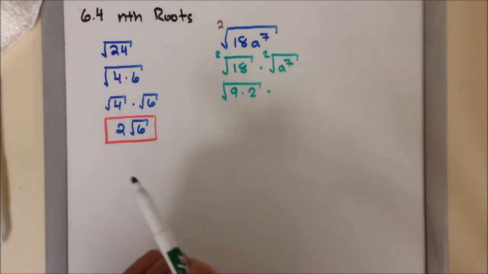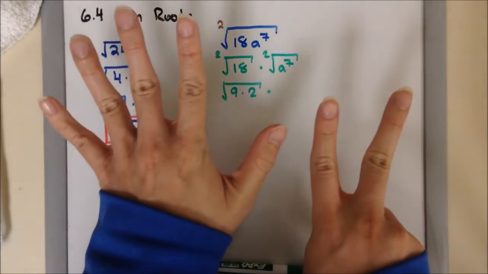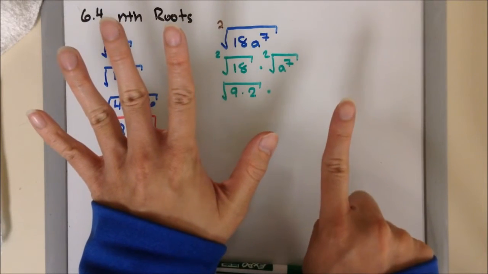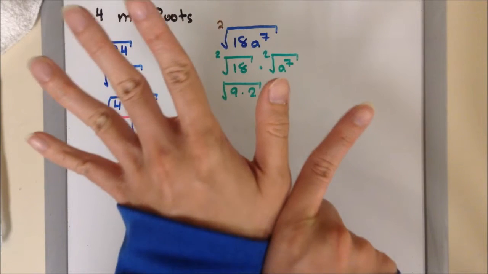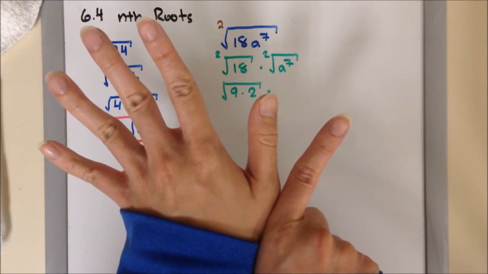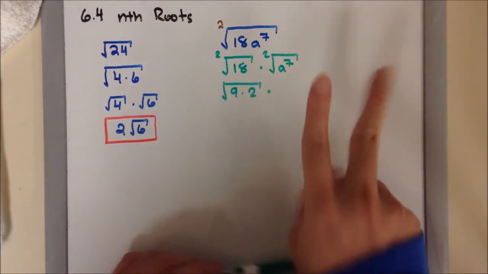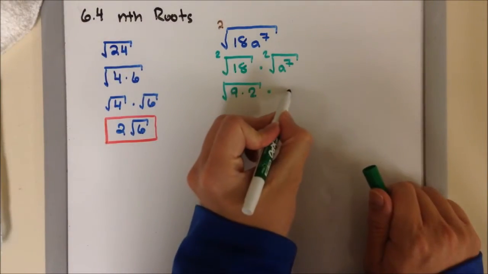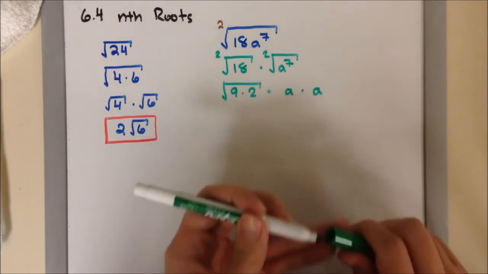So if we were thinking about the number 7, if I were to take 1 away, I have 6 left. And 6 can be divisible by 2. So what I'm going to do is split this a into two a's. Multiply.